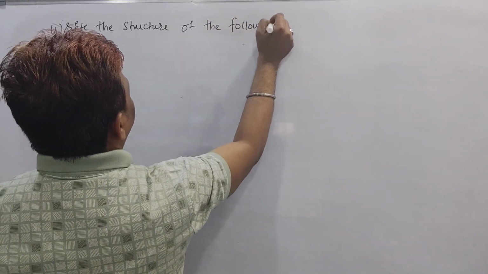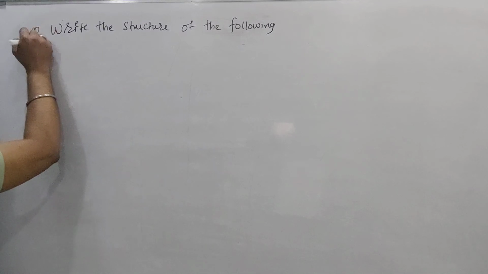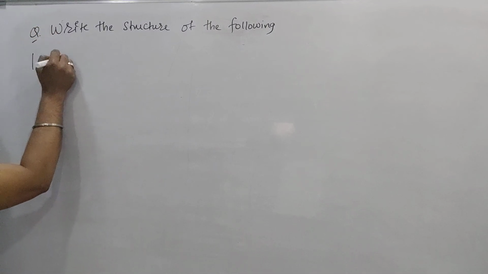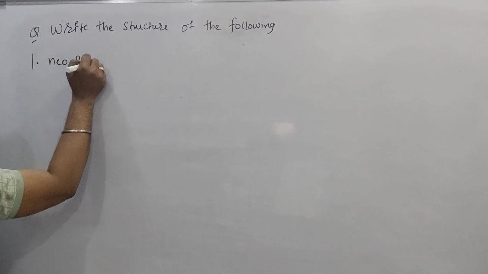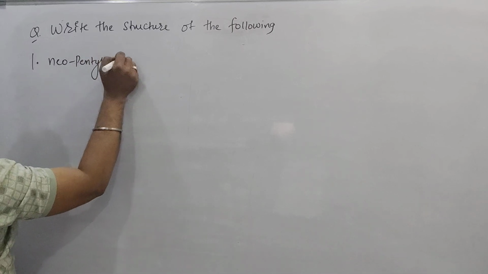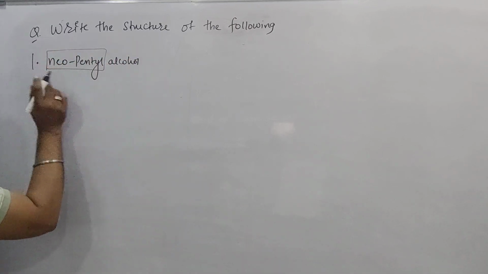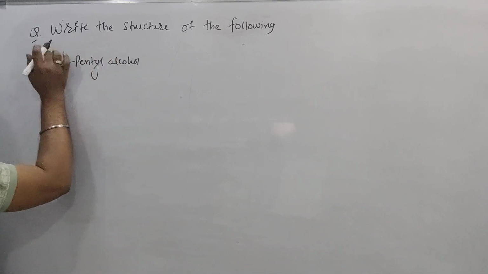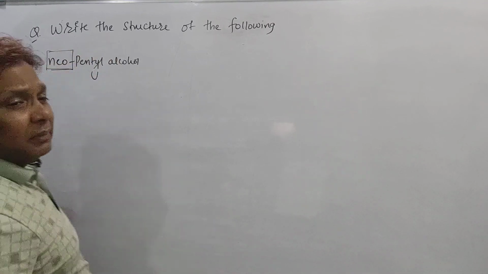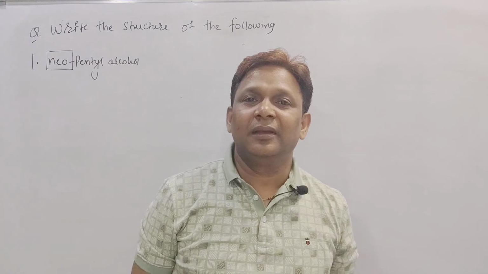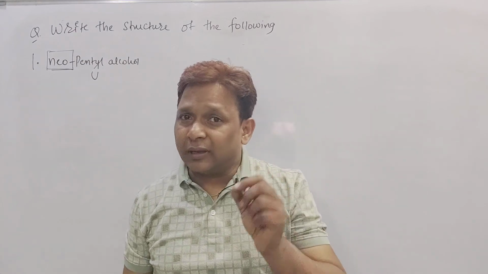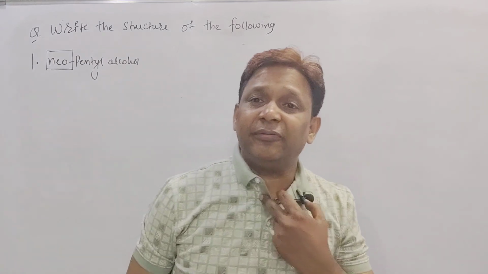I will give the name and you should try to write the structure. The first one is called neopentyl alcohol. Did you remember, for the neo group, how many minimum carbon atoms must be there? I told you, beta, for neo the minimum number of carbon atoms must be 5.